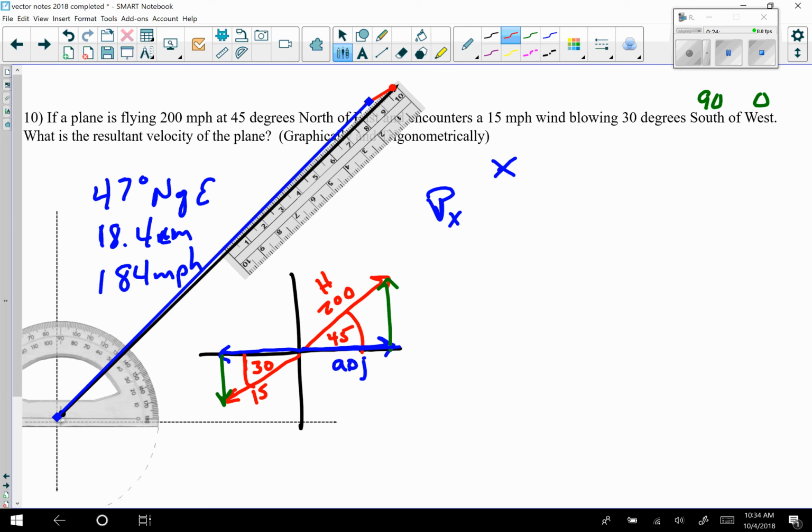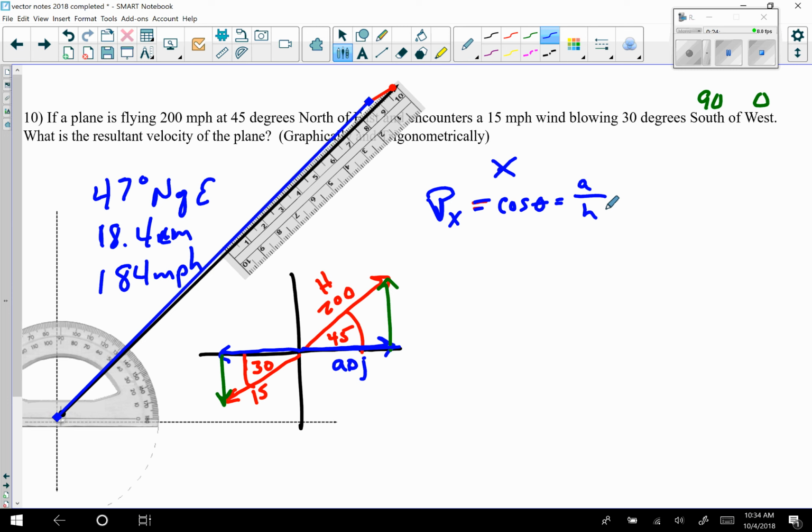Well, the trigonometric function that we use when we are trying to find the adjacent side, and we know the hypotenuse, is the cosine. Because cosine of theta is equal to adjacent over hypotenuse.